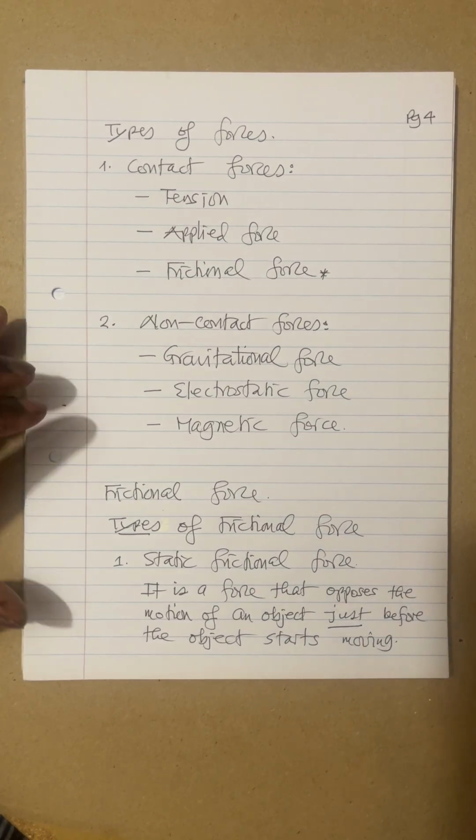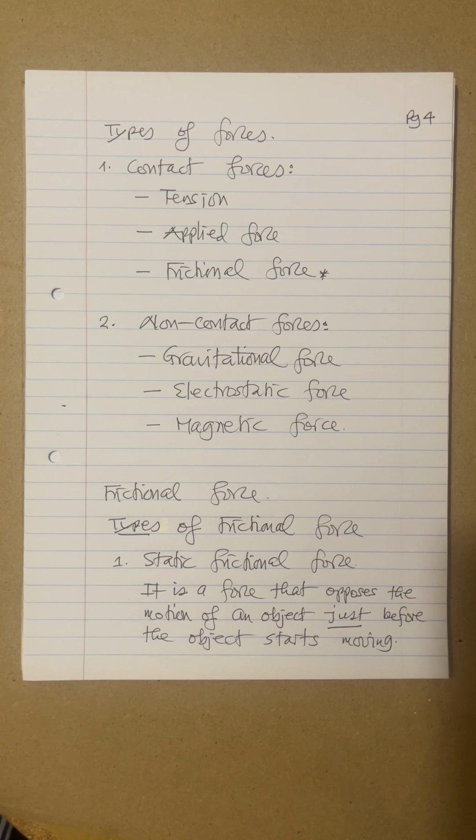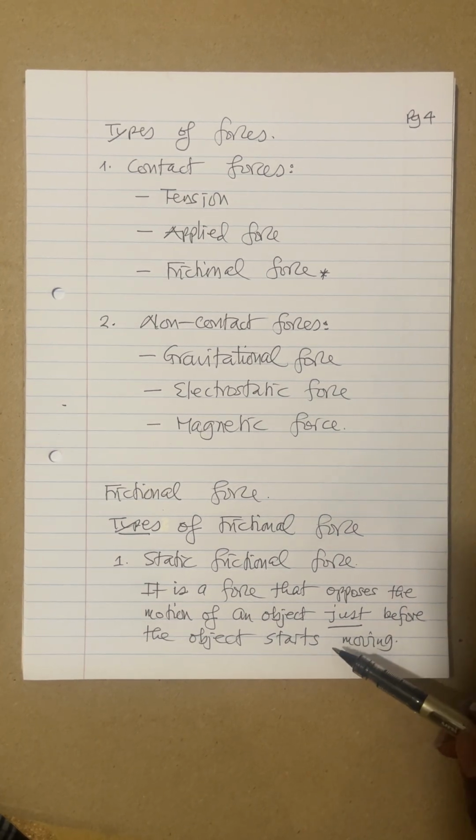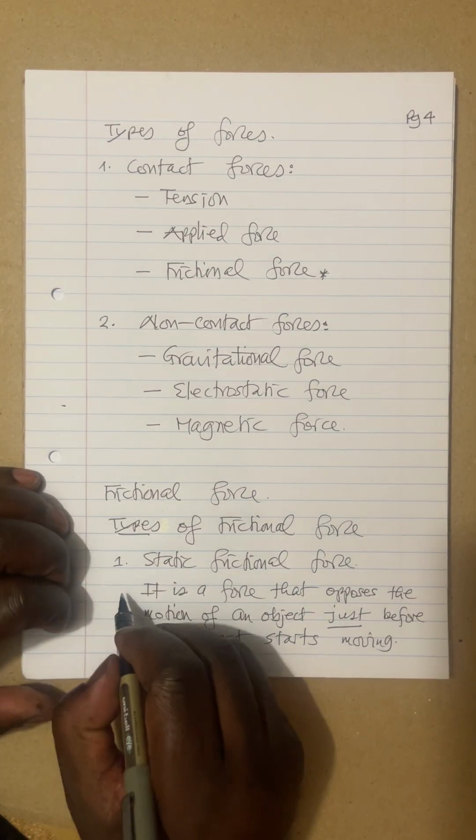Some books say it is a force that opposes the motion of a stationary object. Of course, it's the same message. A force that opposes the motion of an object just before the object starts moving. That's static frictional force, that's the definition.